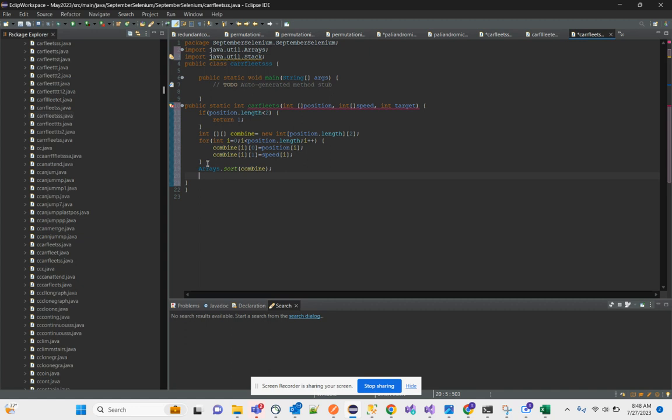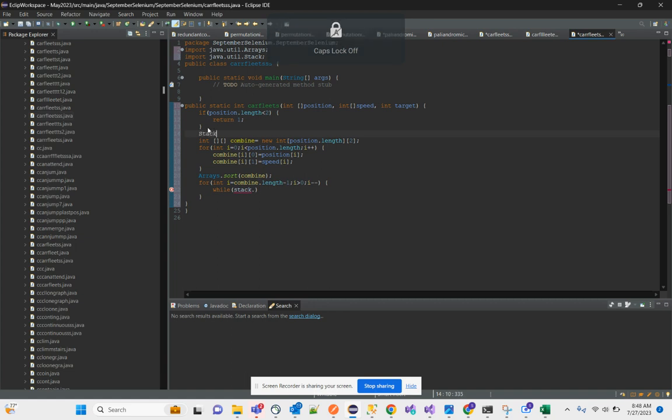Next, for int i equal to traversing from the back, combine length minus 1, i greater than or equal to 0, i minus minus. Oh, I have not initialized the stack. Stack of integer, stack equals new stack.